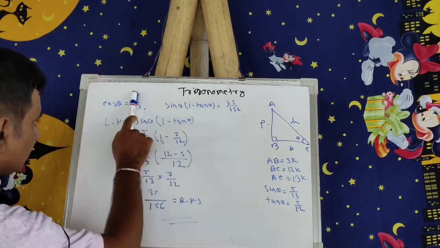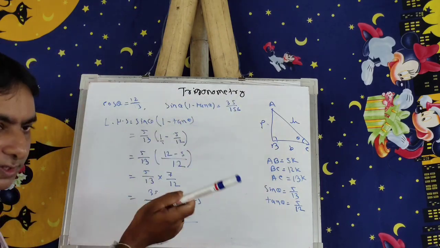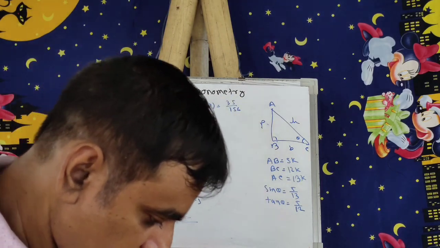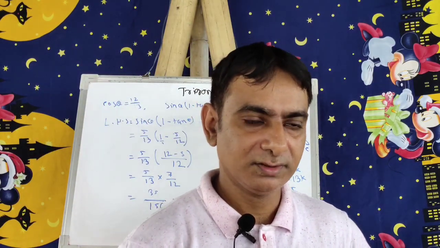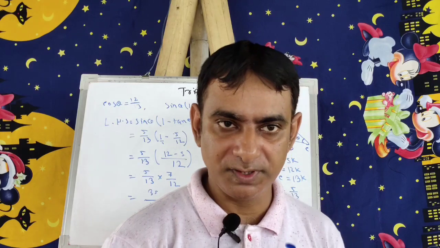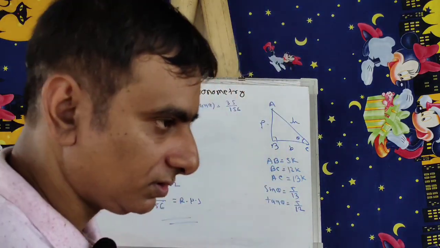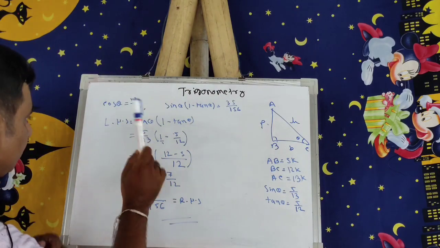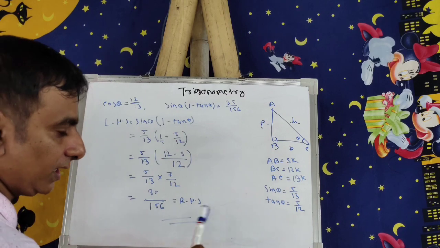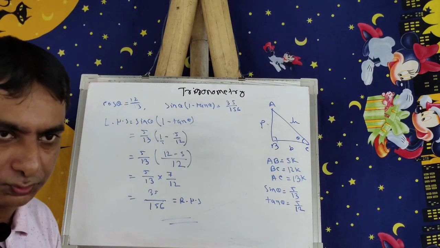So, from this given ratio you need to find out the sides, because in any trigonometric ratio there is a relation between two sides, for example, sin theta equal to P by H, cos theta equal to B by H, any trigonometric ratio, two sides is related to one angle. So, from this relation find out the two sides, and after that use the Pythagoras theorem, find out the other side also.